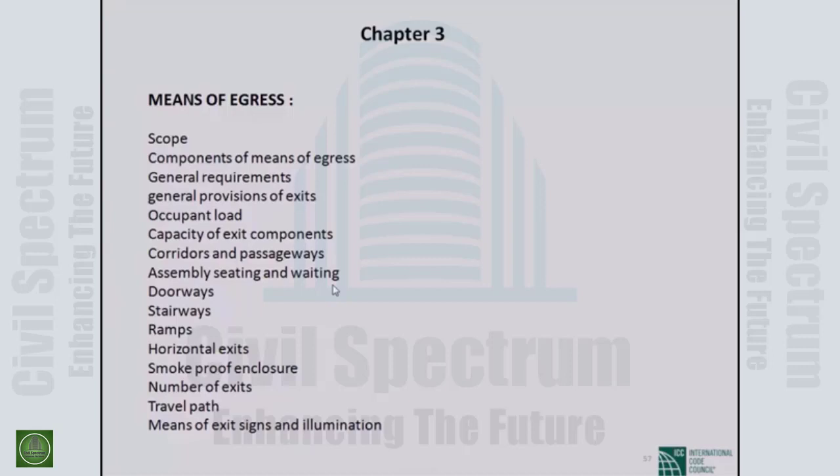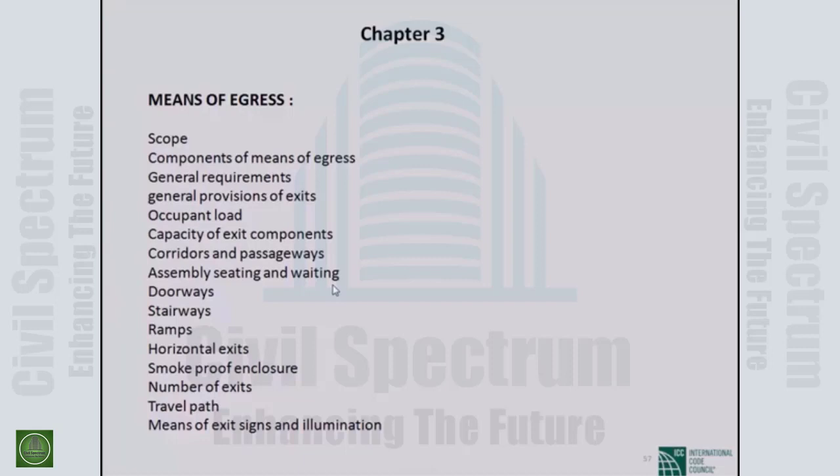Means of egress is a new term which is not in BNBC 2006. Means of egress is widely used in NFPA. In the BNBC 2006, we use means of escape. The means of escape and means of egress are similar but a little bit different in combination.